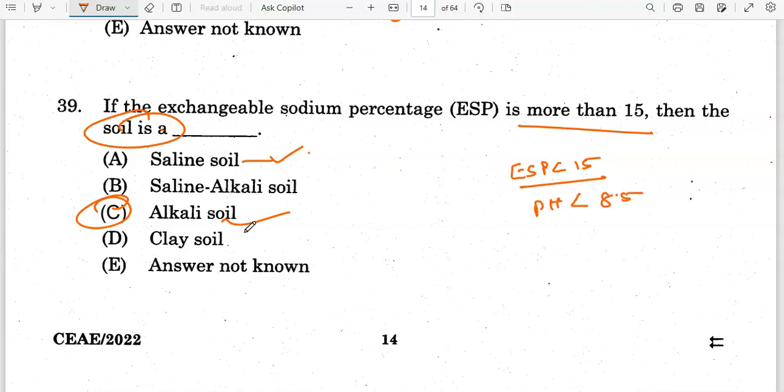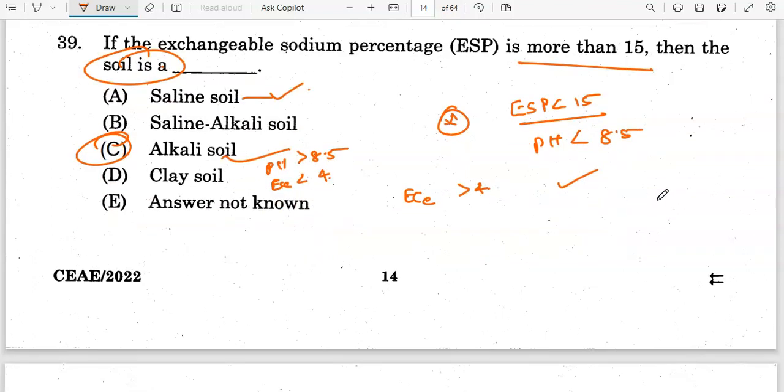For the alkali soil the pH should be greater than 8.5. And ECE, electrical conductivity, for saline soil is greater than 4, and for alkali soil it is less than 4. These are the most important things to understand about sodium percentage classification of salt affected soil.